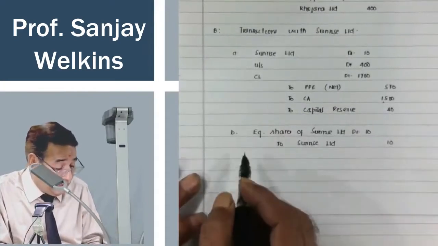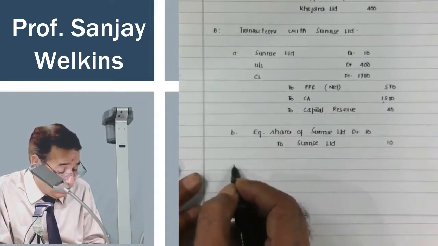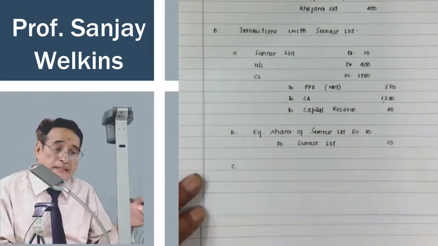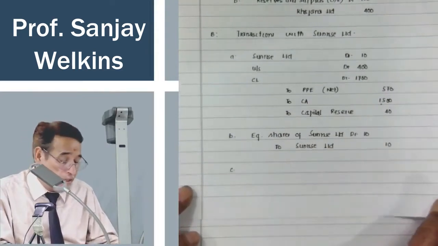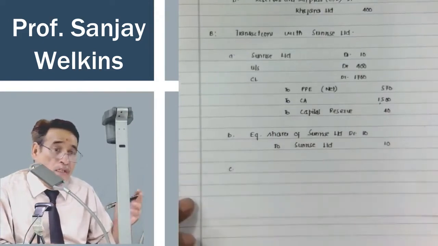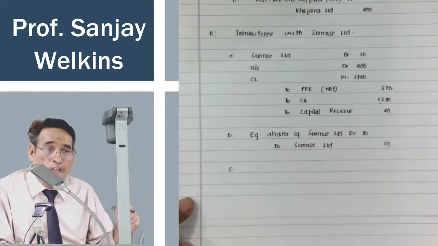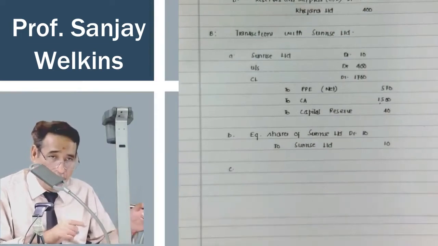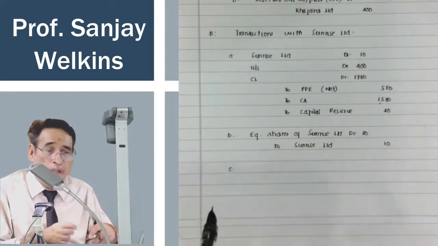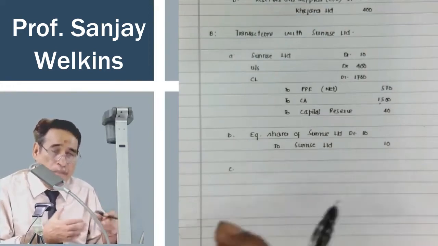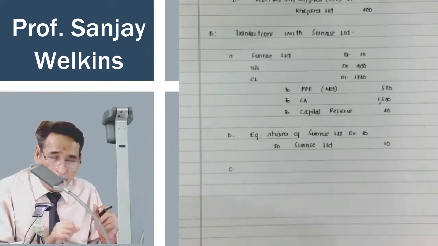Now besides that, in this question, actually at this moment we are passing entries in the books of Divers Limited. But it was given in the question that Sunrise Limited is making an issue of 15% debenture and that issue has been subscribed by our members. And I told you whenever debentures are subscribed either by members or by the entity, we will have to pass the entry.